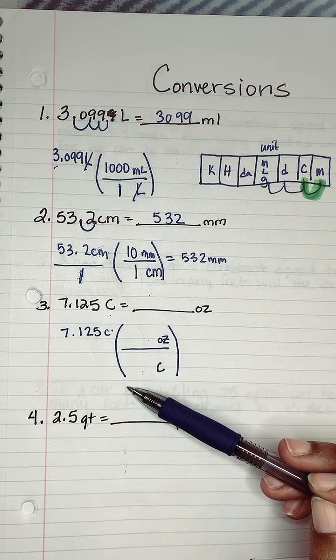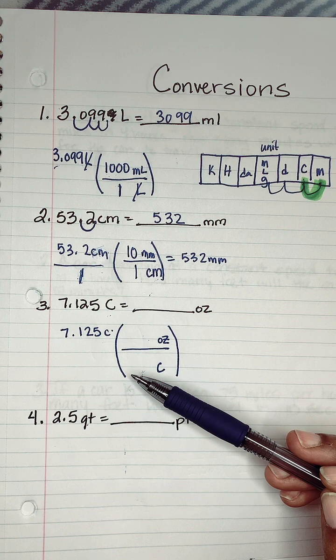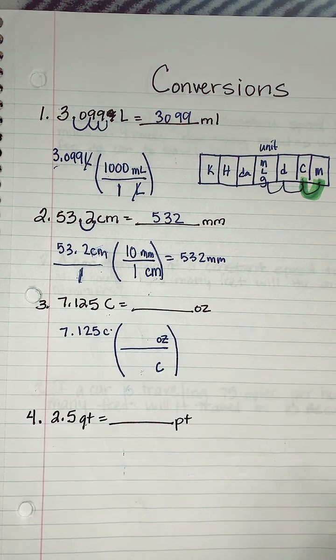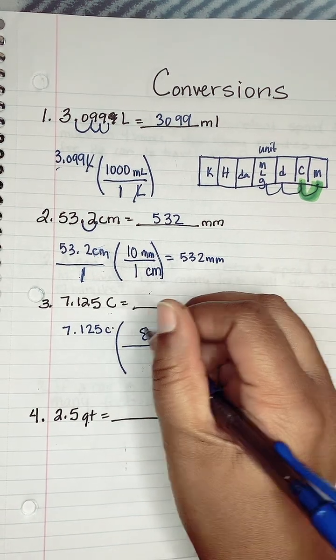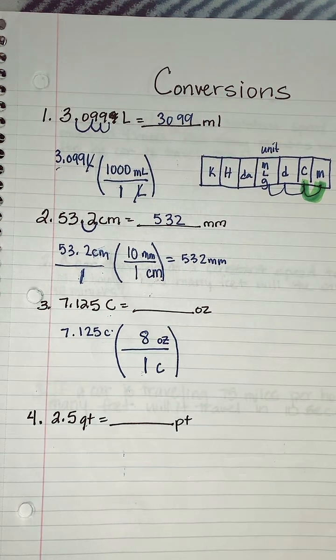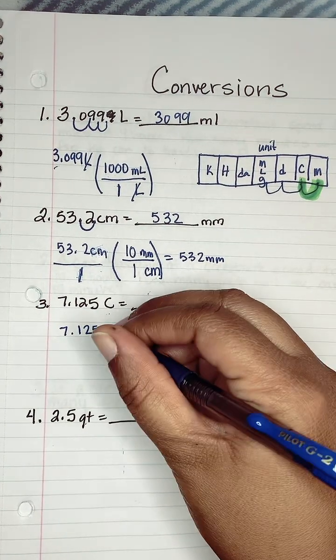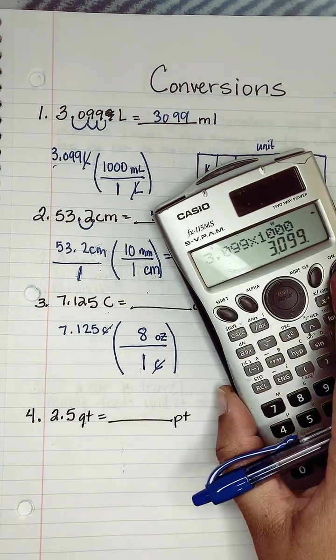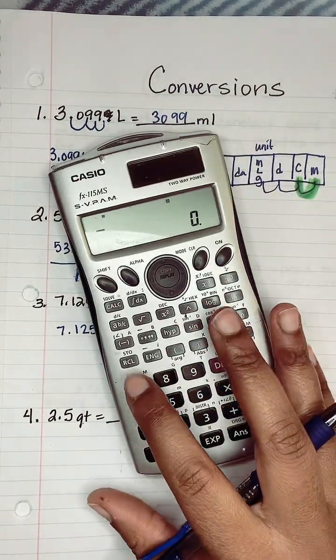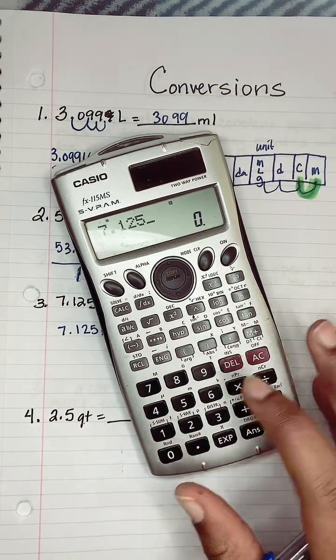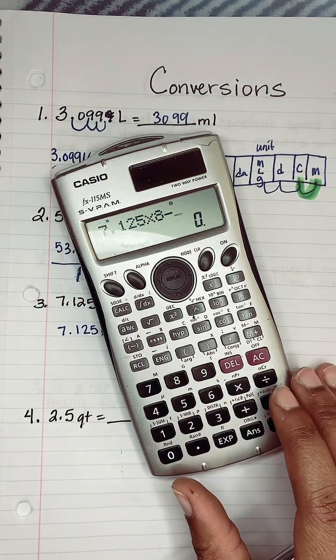Top or bottom? Okay, up, top. Okay, good. So 8, because there's 8 ounces in 1 cup. So the cups cancel, and now we can multiply. We can do 7.125 times 8.